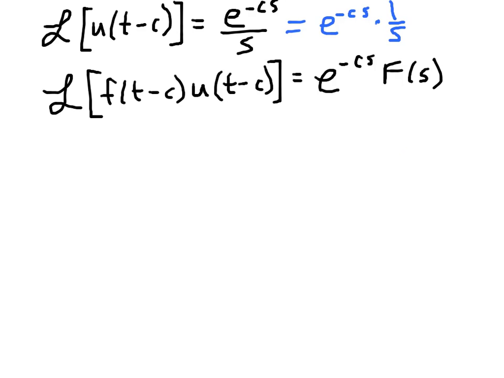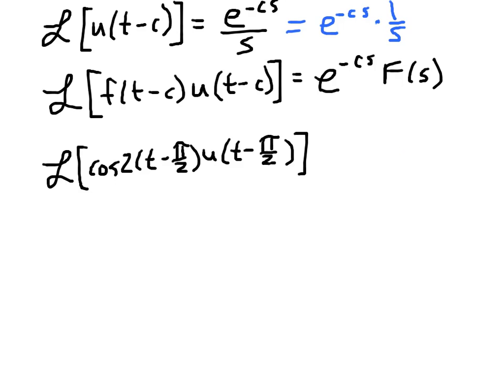And let's look at a particular example applying the second formula. Probably what we want to do first here is identify our value c, and to do that we go to our step function and we look right here. So we can see in this case that c equals pi over 2. Now we're fortunate in that we have the same value here with our little f function as well.